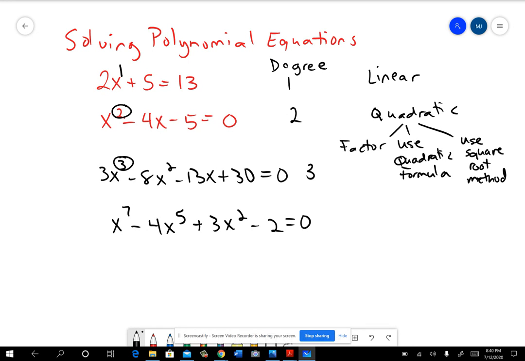And it can have more than 4 terms. But anyway, that one has degree 7. And for those, we have to learn some slightly new tools. But for the most part, it's going to boil down to you being able to use the quadratic formula. Okay? So that's what I wanted to look at.